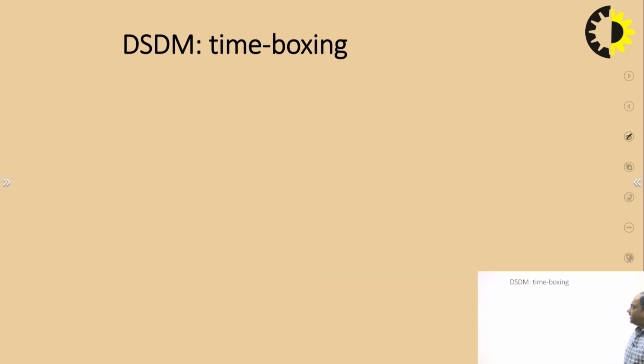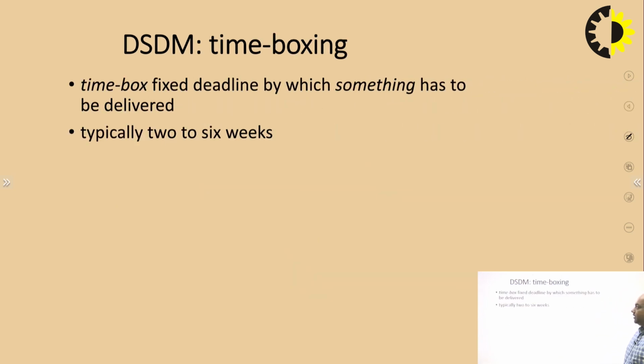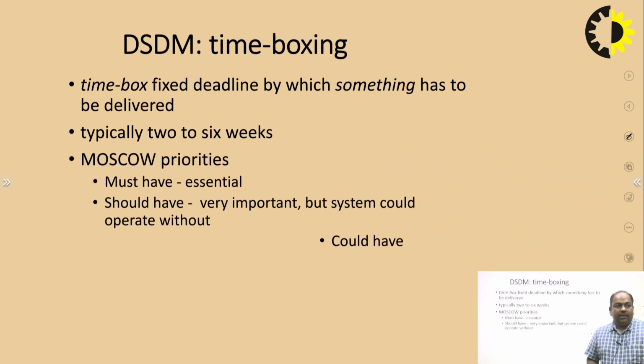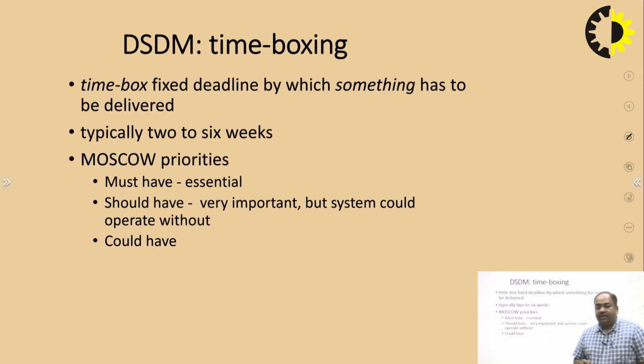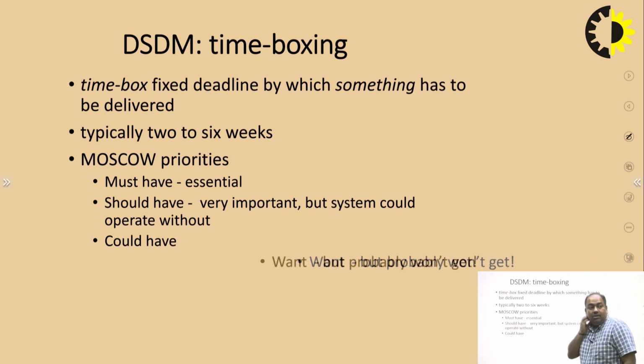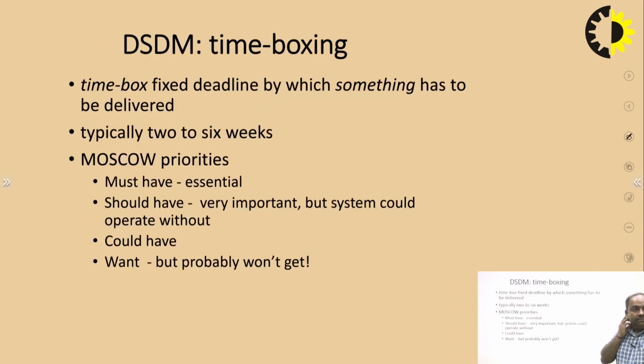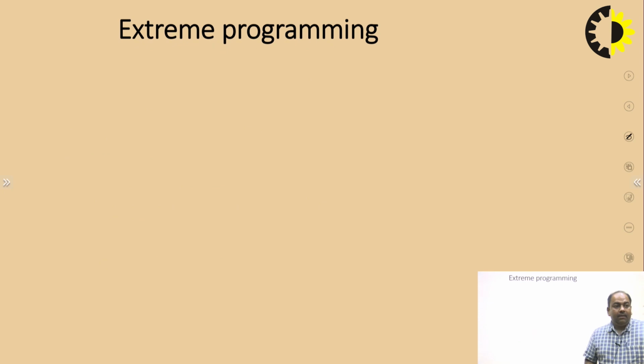So, this is the DSDM framework, and it has a deadline in which we have to deliver the project, which is typically 2 to 6 weeks, and it should have all the essential and very important aspects of the project.